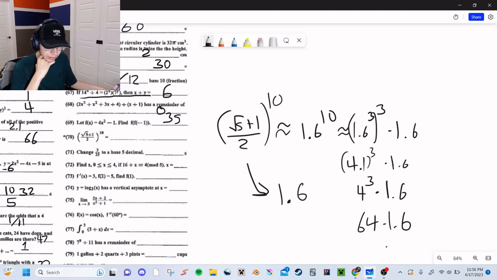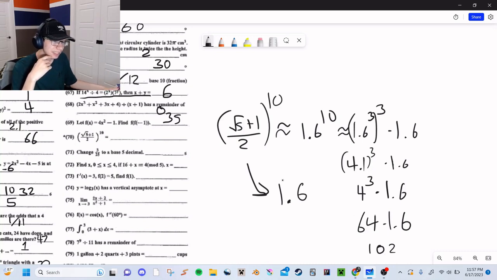okay, so that'd be like, I think I'm estimating a bit. I would say that's about 100, like 102, right? But I gotta add a bit more because I rounded down a lot.